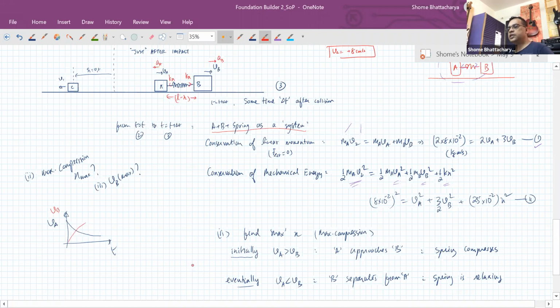So at some instant in between, VA is equal to VB momentarily. So that is when the spring is at maximum compression, because A and B are closest. Okay, so that is when their relative velocity is 0.